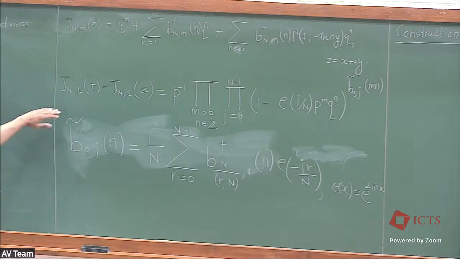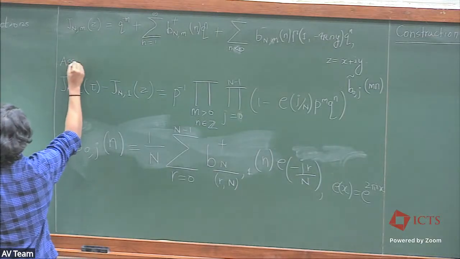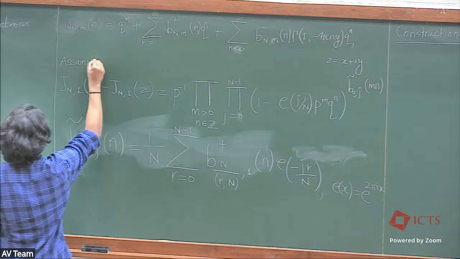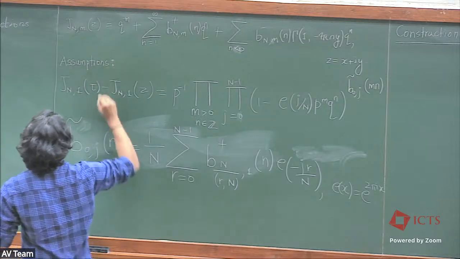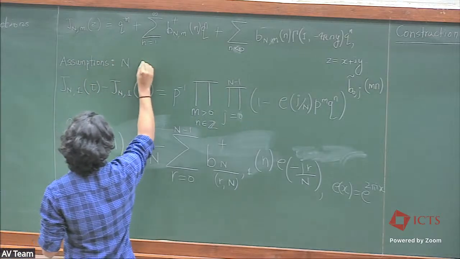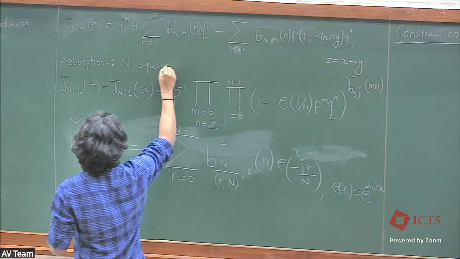Later I'll assume that these are holomorphic, and that will put some constraints on capital N. Otherwise this is not true. This is true under some assumptions that I'll explain later. For example, we have to assume that N is square free.